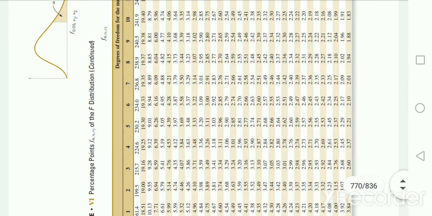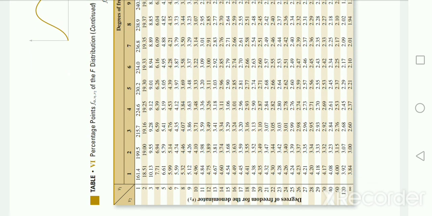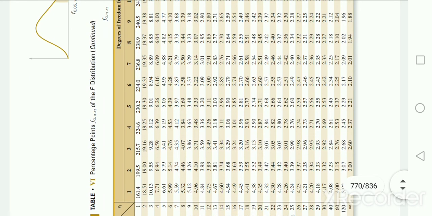This table is only for alpha 0.05. So for degrees of freedom 1 comma 1, the F distribution value for 0.05 is 161.4. Like that, we can check all the values.